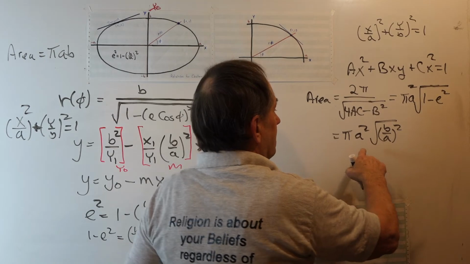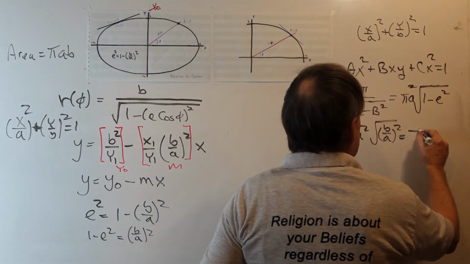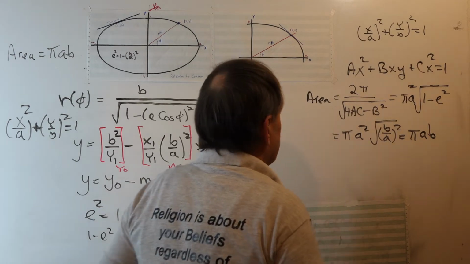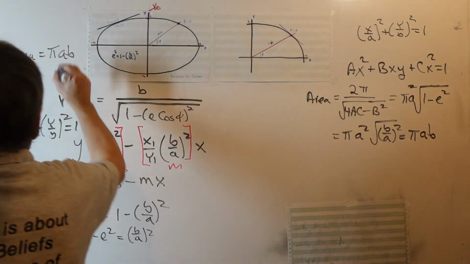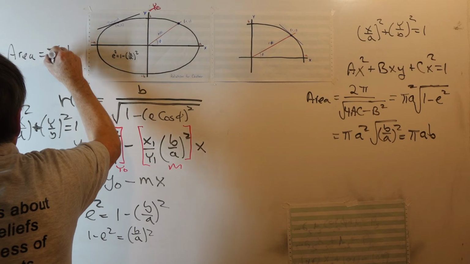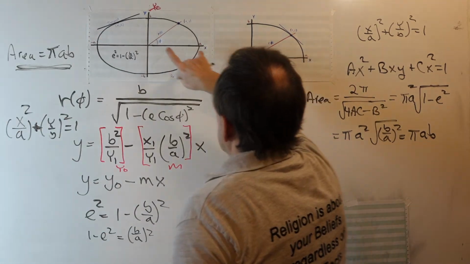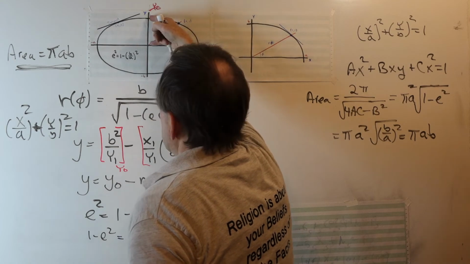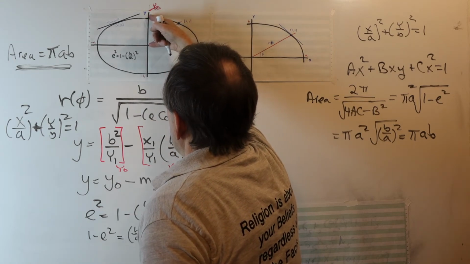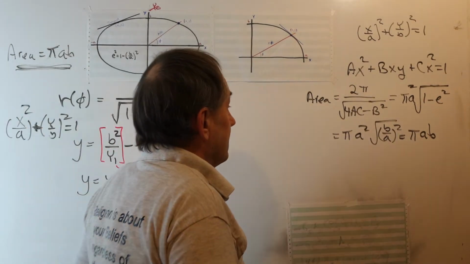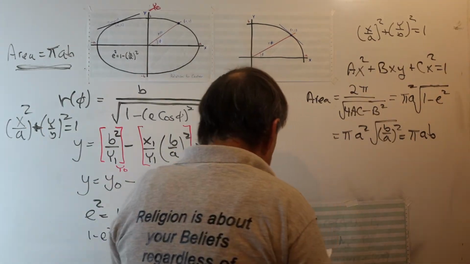And we take the square root of that, this becomes pi a b for the area. So for the general area of the ellipse, we can write it as pi times the product of the semi-major axis a and the length of the semi-minor axis b. So that's the area for an ellipse.